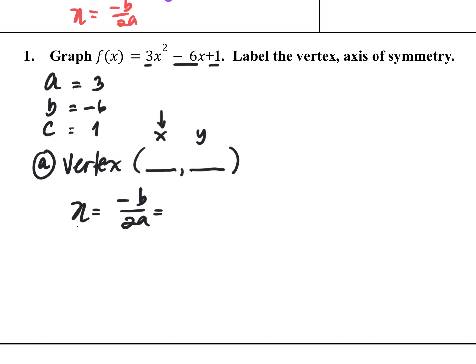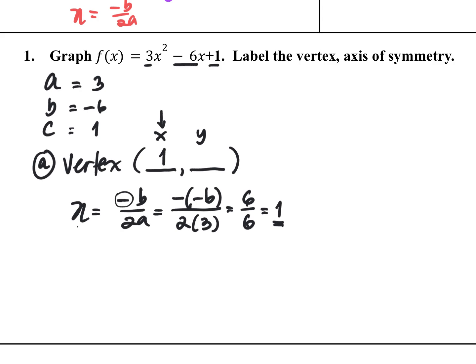Okay, so my b here is going to be negative 6. So I'm going to retain the negative in here, and then multiply by negative 6, divided by 2 times 3. So this is going to give me 6 all over 6, which is just 1. So this is now the x-coordinate of my vertex.